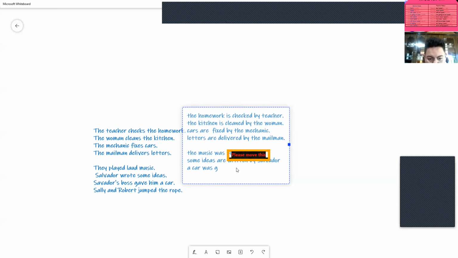Gave, entonces, no, porque es el pasado. ¿Cuál es el pasado participio? Gaven, ajá. Given. No, gaven, no, given. Ujú. Hay que estudiarse los verbos, Salvador.